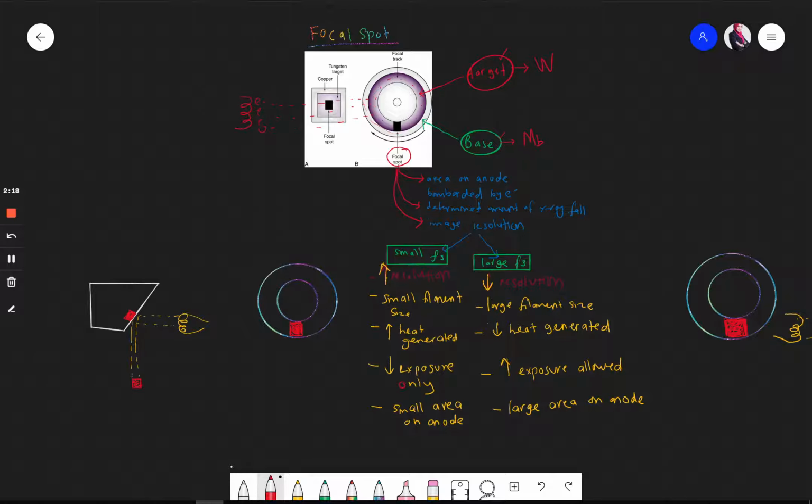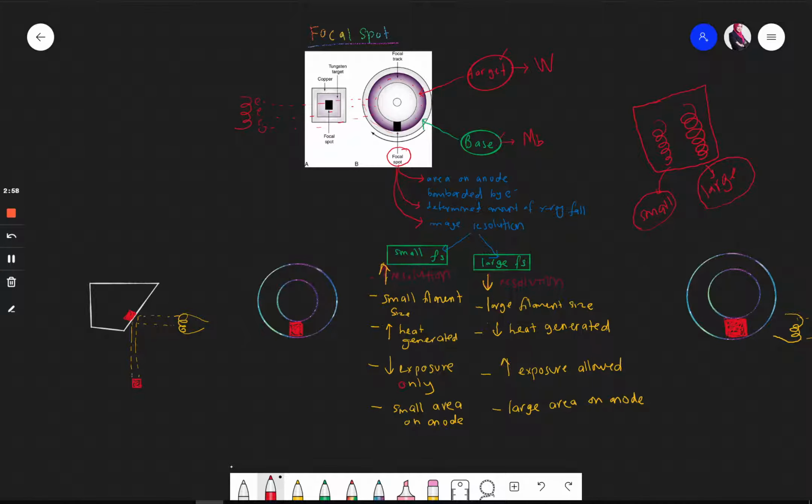So bear in mind, the cathode is composed of two filament sizes, a small size and a large size. The small focus spot comes from the small filament size, and the large focus spot comes from the large filament size. Okay, so a small focus spot will cause high heat to be generated.